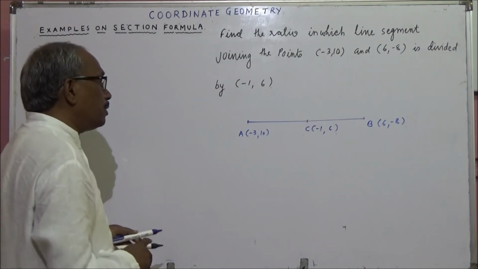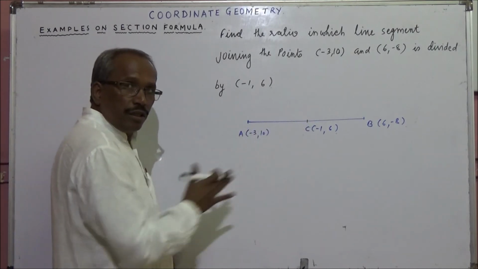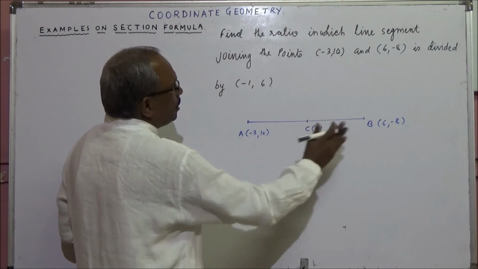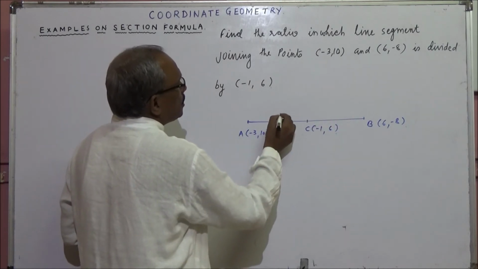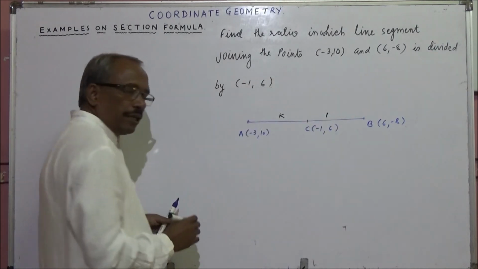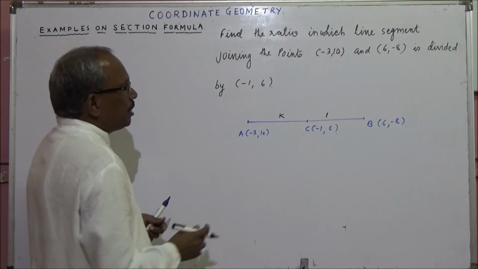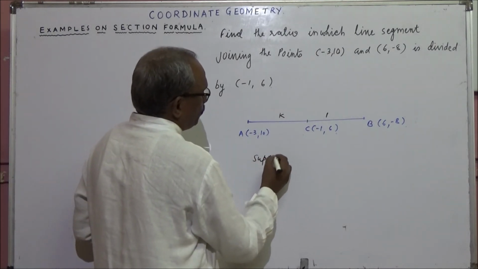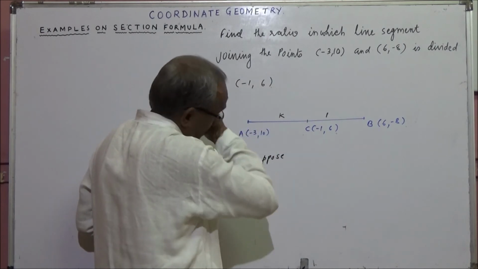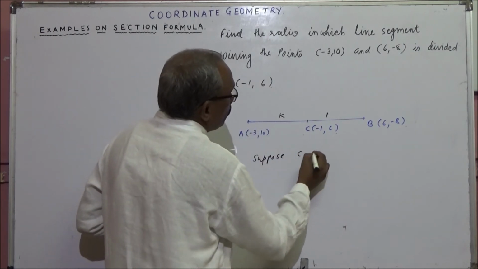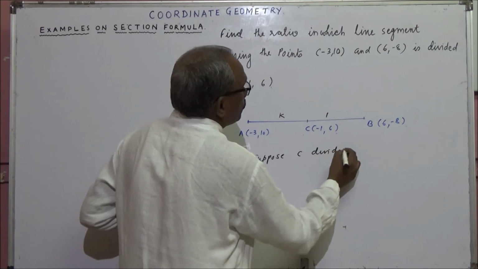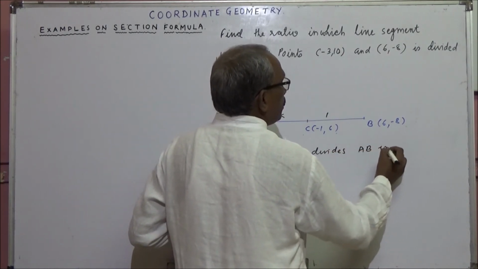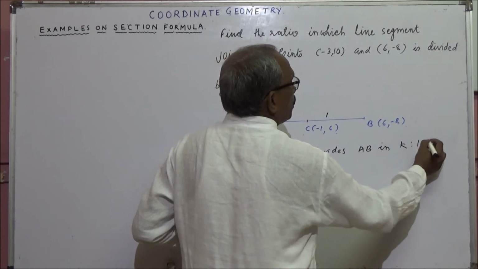So we have to calculate the ratio here. In which ratio does this point C divide? So let us take this as k:1. Suppose C divides AB in k:1 ratio.